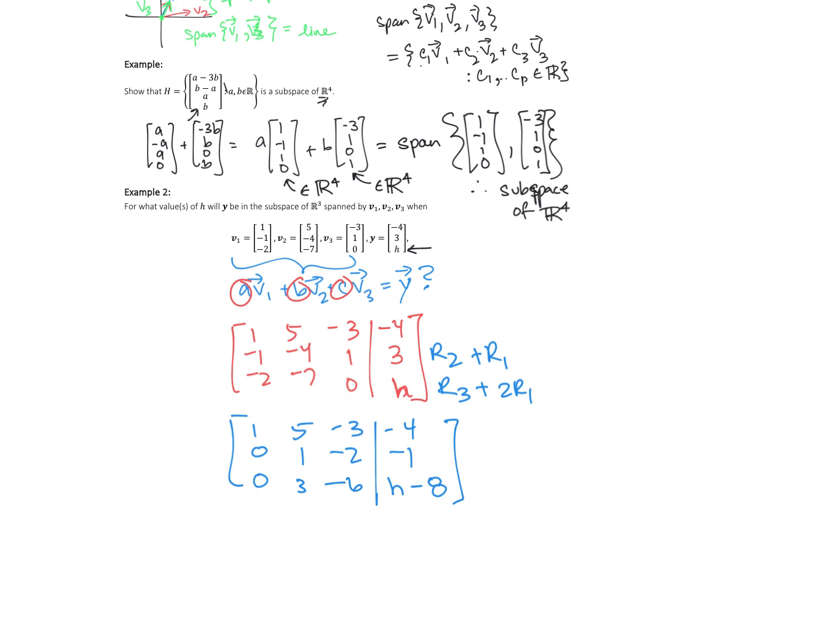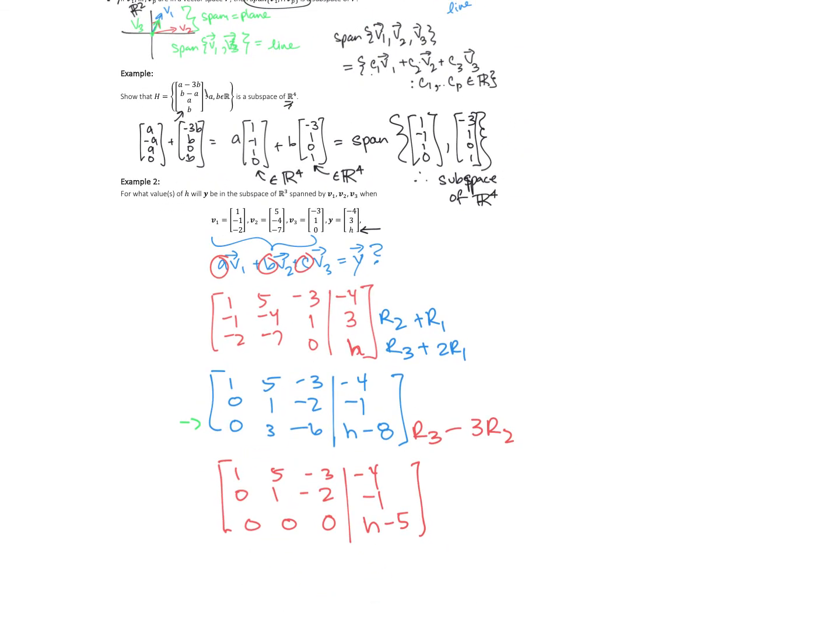Now I'm going to do row 3 minus 3 row 2, and some fancy things are going to happen. So 1, 5, negative 3, negative 4 is not changing. 0, 1, negative 2, negative 1 is not changing. And this becomes 0, 0, 0, and h minus 5.